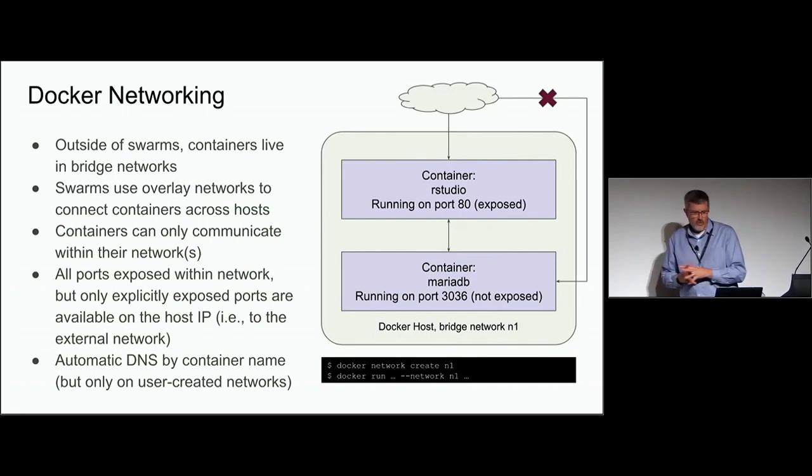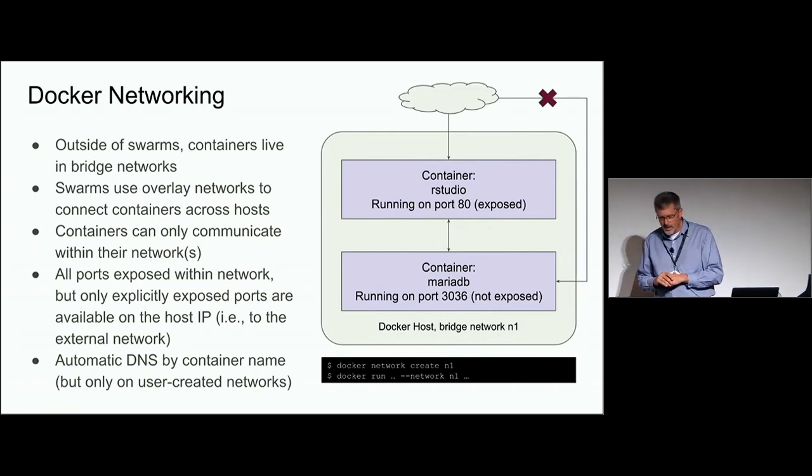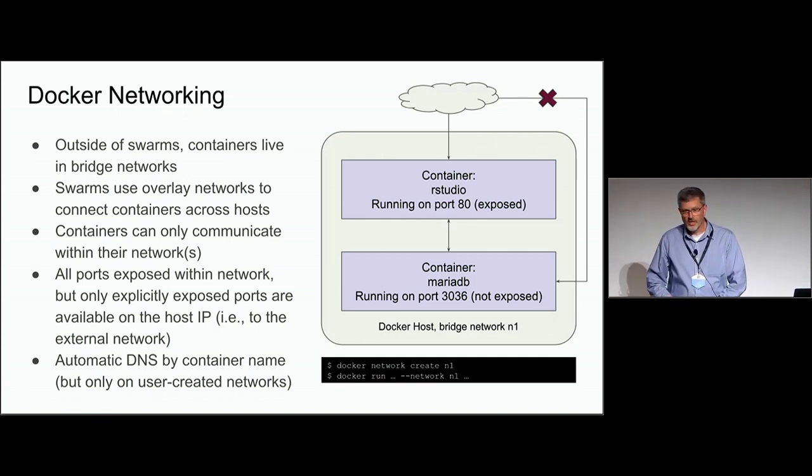All right, so networking. Most of the things we do in Docker involve networking. So inter-container communication occurs over networks that Docker manages. So if you have, again, our example we've been using of a Shiny server and a database, they will communicate over a network. And then we've already seen how you can expose ports.